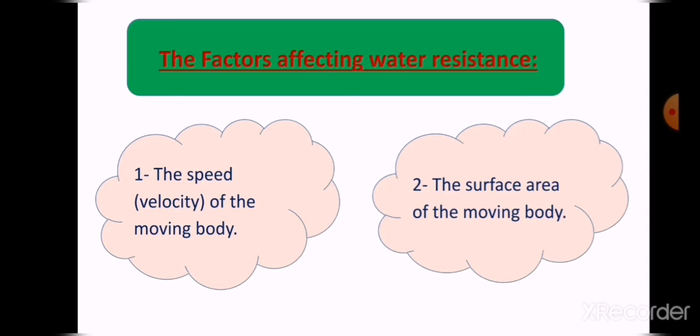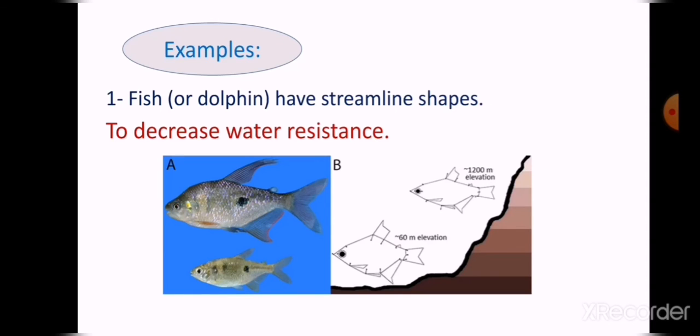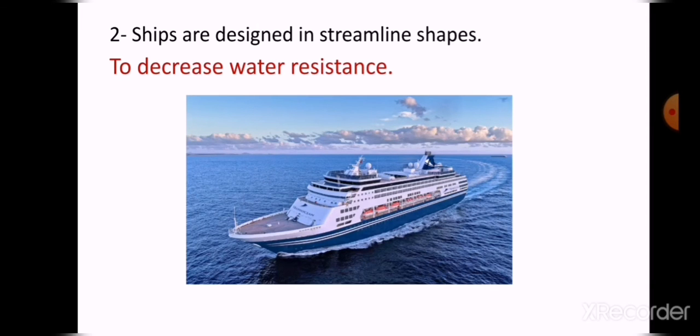By increasing the speed, the water resistance increases, and by increasing the surface area, the water resistance also increases. Fish or dolphins also have a streamlined shape to decrease the surface area, so decrease the water resistance. And ships are designed in streamlined shapes to decrease the surface area, so decrease the water resistance.